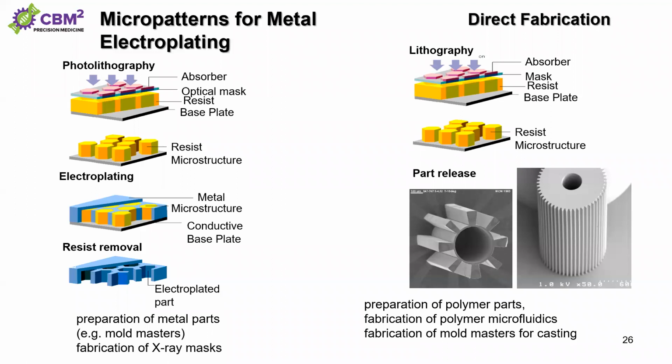We overplate a metal layer over the photolithographed structures, and after we remove the resist, we have negative patterns in the metal, and we can use this as a mold insert for either injection molding or hot embossing.